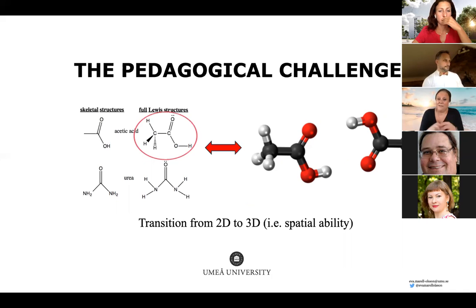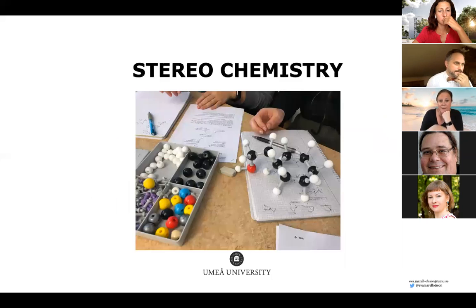So we are addressing this issue of how we can help or support the students to train the transition between 2D and 3D. And in this particular study, we are focusing on stereochemistry, and usually they are using ball and sticks and put this together, for example.